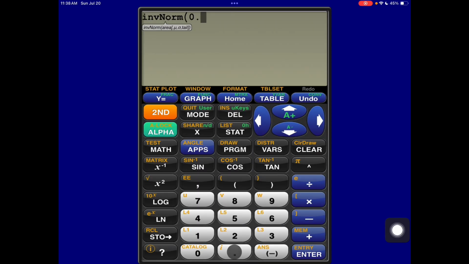The area to the left is 0.05, comma. Our mean is 3,152, comma. Our standard deviation is 693.4. Close your parentheses, select enter, and then round your answer correctly to 2 decimal places.